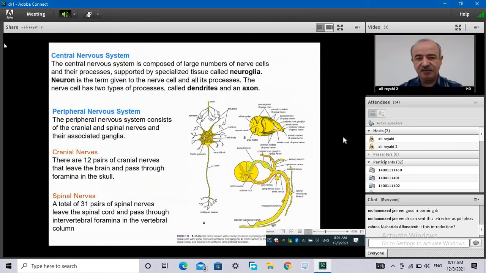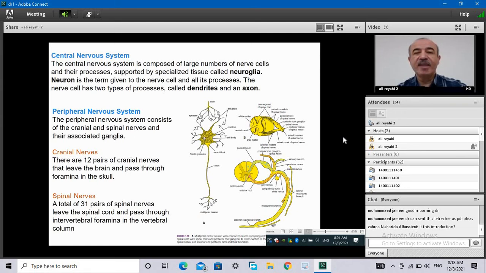The central nervous system, CNS, is composed of a large number of nerve cells. The other name of the nerve cell is neuron.